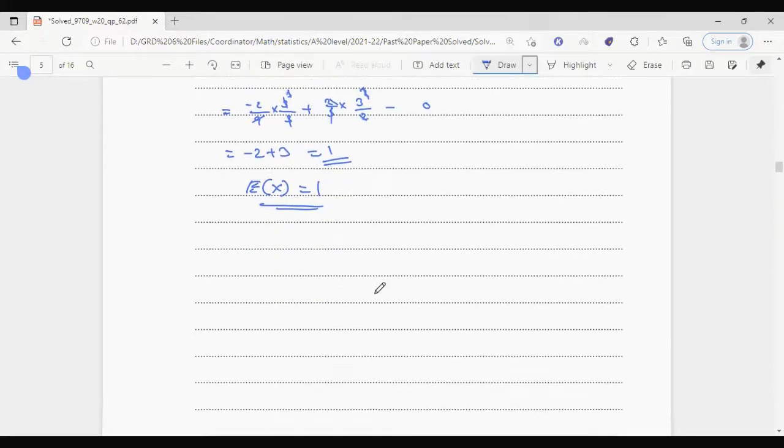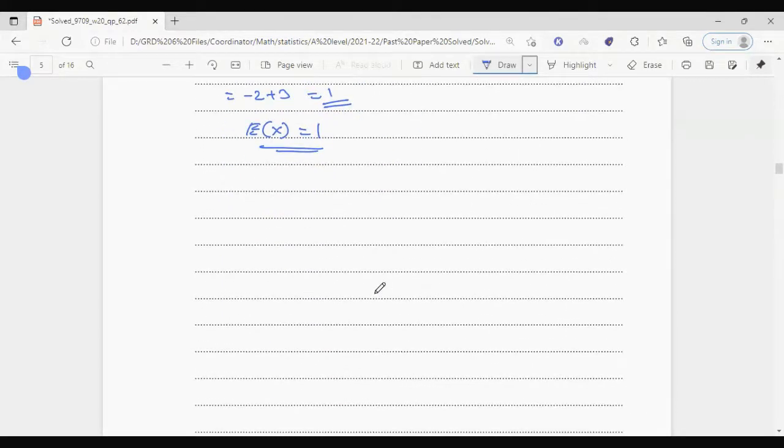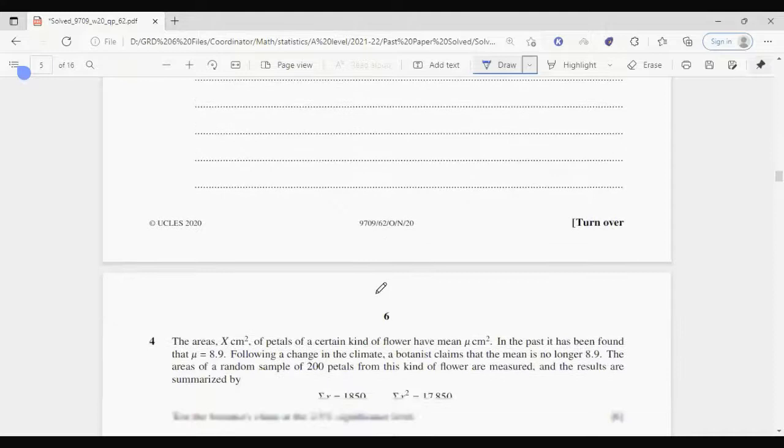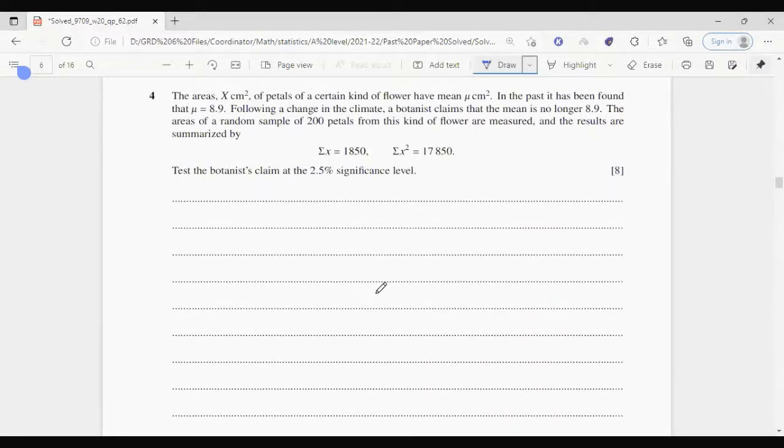Moving on to the next question, number 4. The area x centimeter square of petals of a certain kind of flower have mean mu centimeters square. In the past, it has been found that mu is 8.9. Following a change in the climate, a botanist claims that the mean is no longer 8.9.